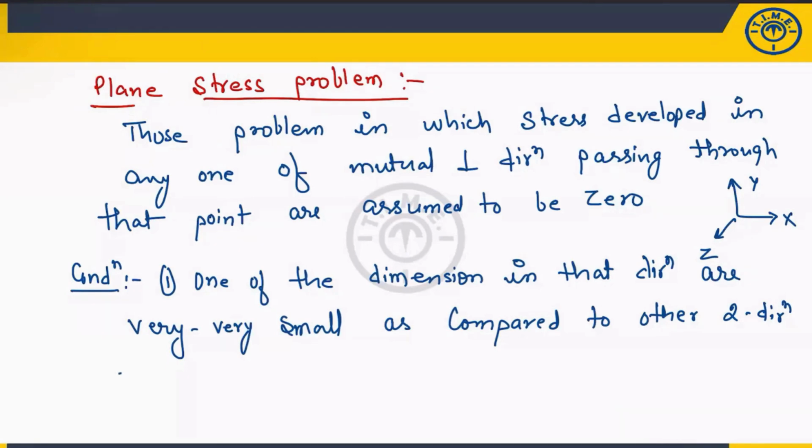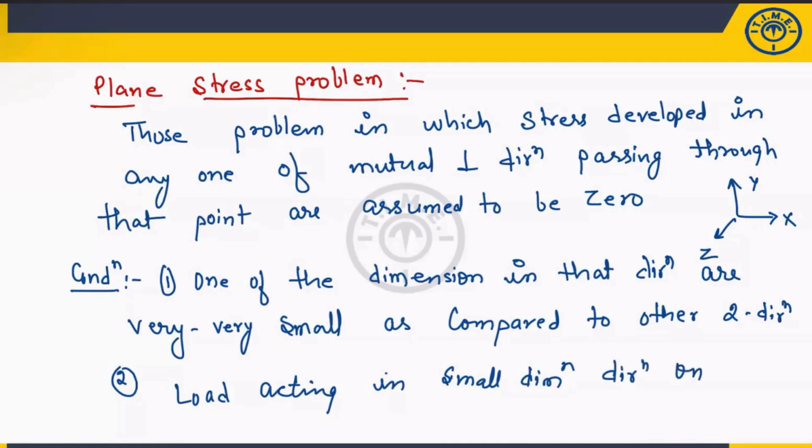Second condition is the load acting in the small dimension direction should be small. That means the load acting in that small dimension direction should also be small.